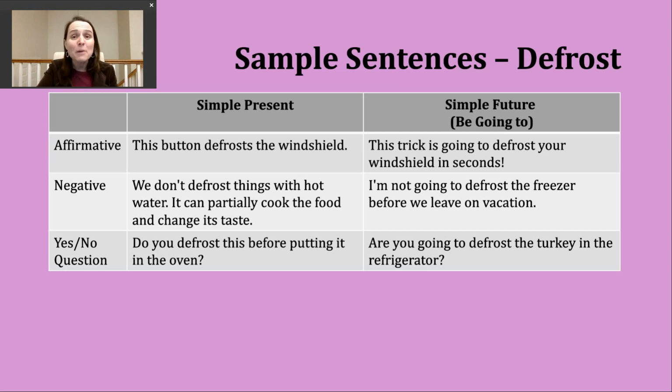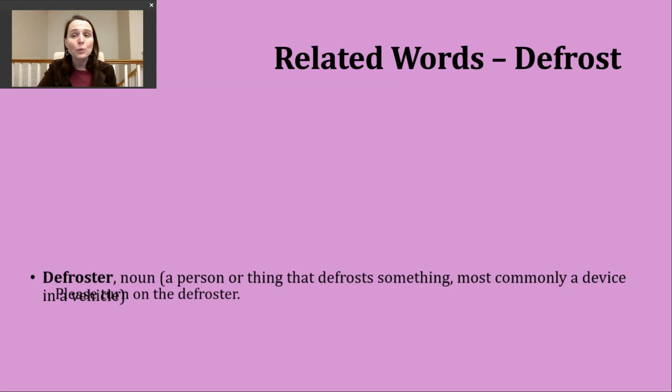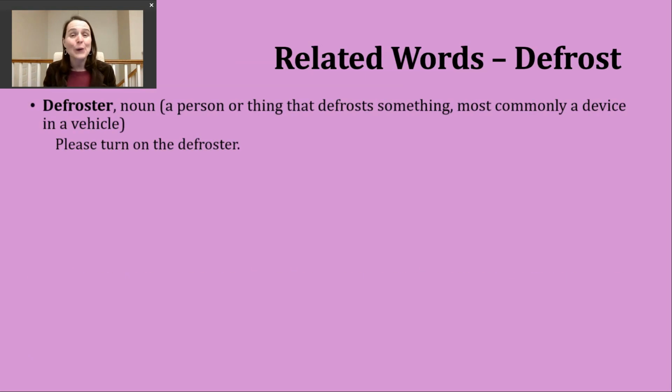Now, let's take a moment to look at just one word today that is related to our verb defrost. And the word we're going to look at today is the noun defroster. I hope you see that suffix, the ER, that's been added on to our root. So generally when we see this, we're thinking a person or thing that defrosts something.